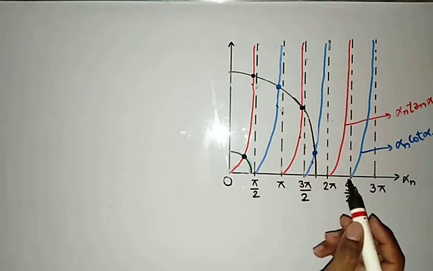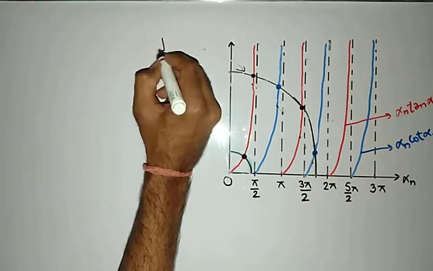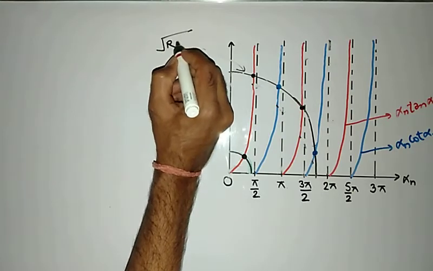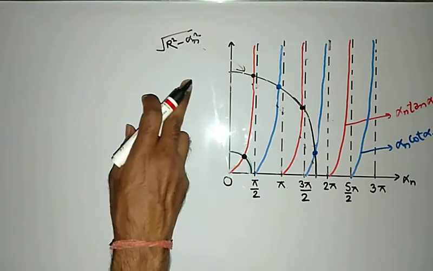So, the radius of these circles is under root r square minus alpha n square.